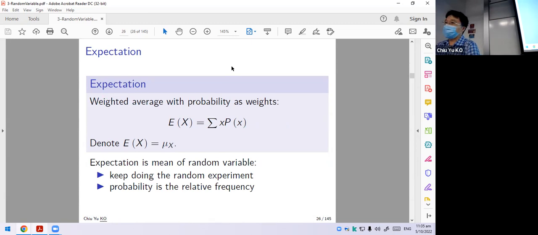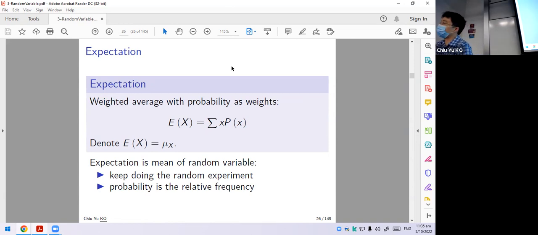Because of the idea of probability. The classical definition is that if you repeat the experiment many times, the probability is the relative frequency of that event occurring. Just like with a coin, the probability of tail is the number of tails over the number of tosses you have done.